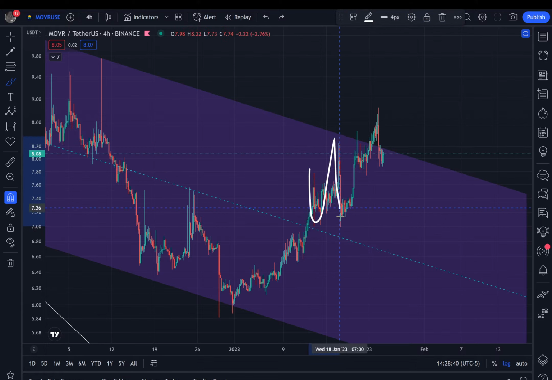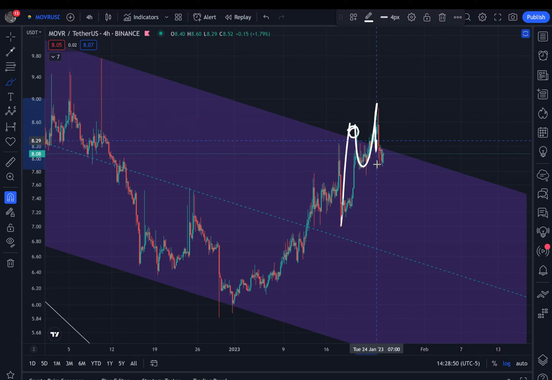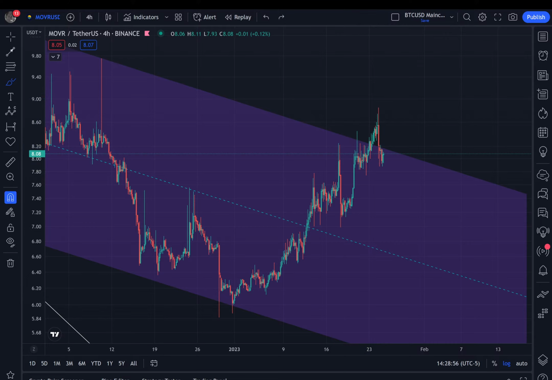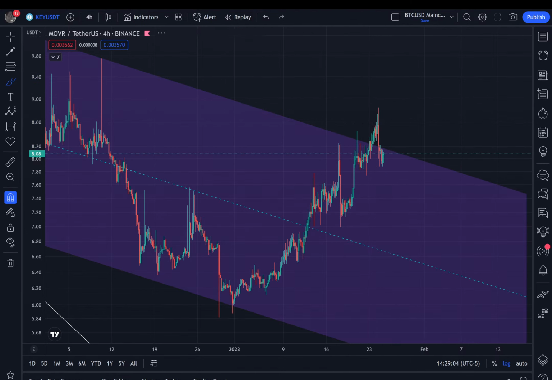You did so with this flat correction, proceeded to print another impulse at that same resistance, and proceeded to print another intrawave correction. So you're basically consolidating at resistance, right? Which is very bullish. So 5 waves up, 3 waves down. Expect to continue that trend. Hope that's clear. Hope that makes sense.